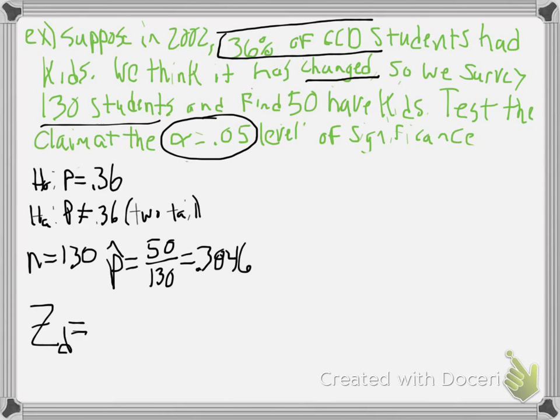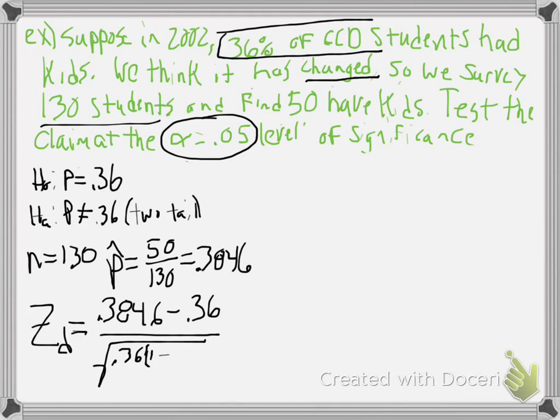You do the p-hat, which is 0.3846 minus the p, which is 0.36, over the square root of 0.36 times 1 minus 0.36 over 130.